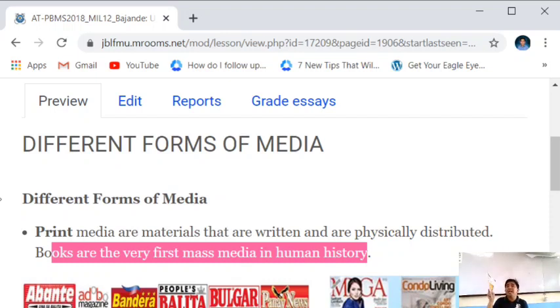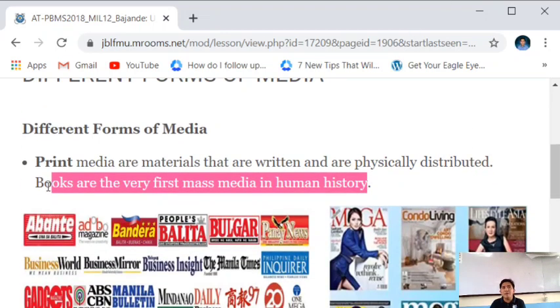So, ang print media class is the physical or the materials that are written. Magkamakita written, of course, nakasulat, may organization of thoughts. Okay? And then, physically distributed. So, dapat mabatsagan din sa tao or gabasa for it to be considered as print media. So, dapat mauyaptan. Okay? Example of it, ang mga books and everything.